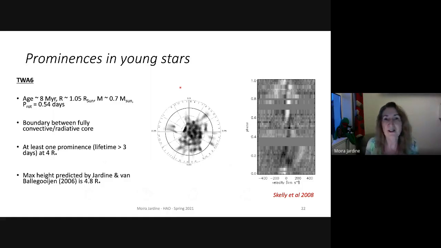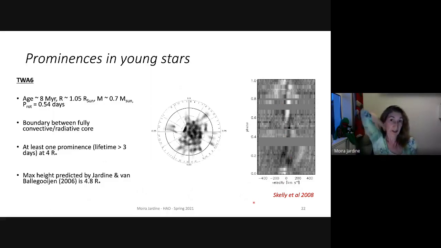What you're seeing here is an image of the spots on this star, and you're looking down on the rotation axis. So the solid line here is the limb of the star, and these dashed lines are 30-degree latitude intervals. So you can see it's a very heavily spotted star. And you can see here the prominence tracks going through the H alpha line.